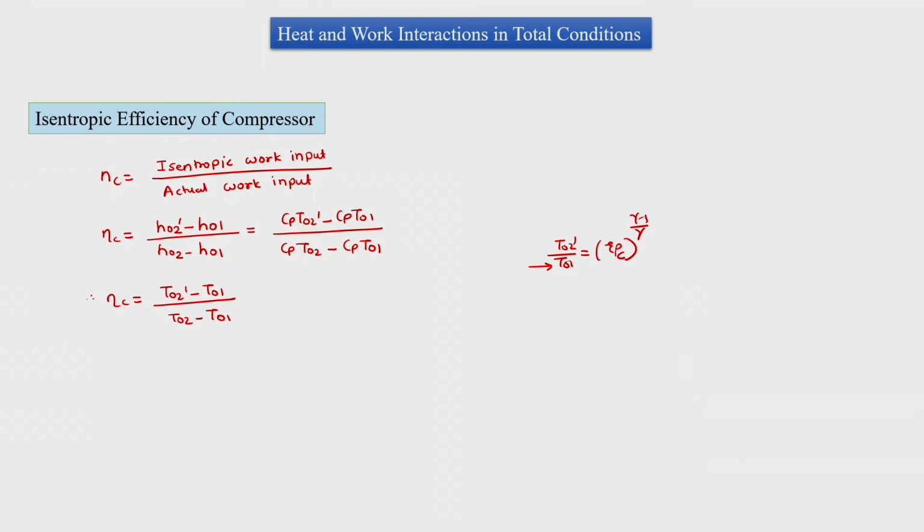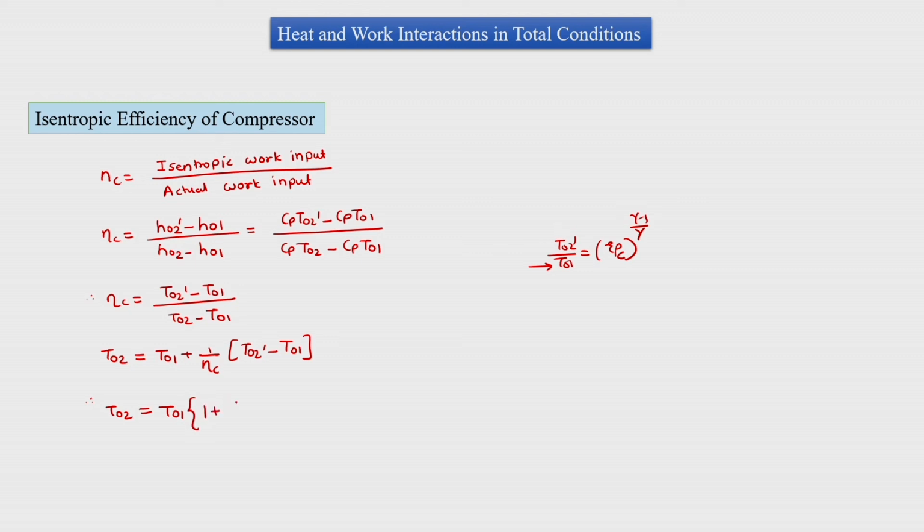So we need to know what is T naught 2. So we can find out T naught 2 by reshuffling this equation, which says T naught 2 is T naught 1 plus 1 upon eta C into T naught 2 dash minus T naught 1. So having said this, we would calculate T naught 2. Further, let us simplify and take T naught 1 common.